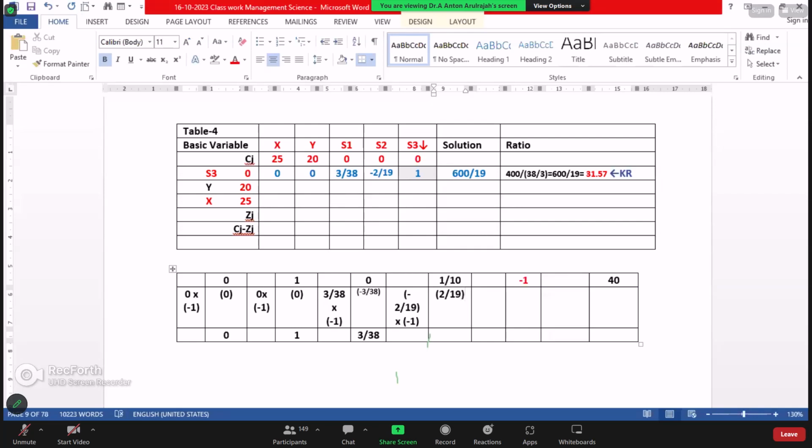Right? Should be minus from 1 by 10, it is about minus 1 by 9. Please check. Then 1 has to multiply by, this 1 has to multiply by minus 1.